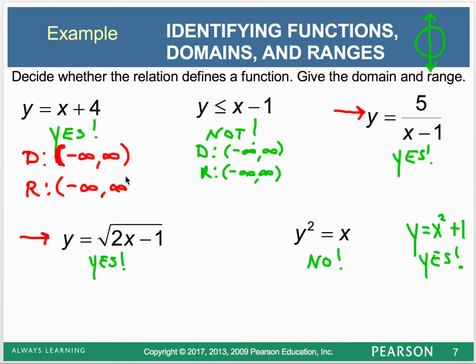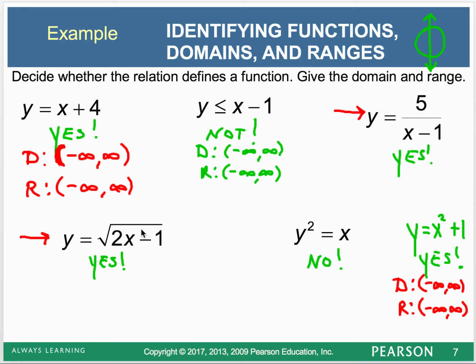On this one, and on this one, all real numbers. This one's not a function, so we got to deal with it differently. And this one has a variable in the denominator, and this one has a variable under a radical. So I got to think this process through.